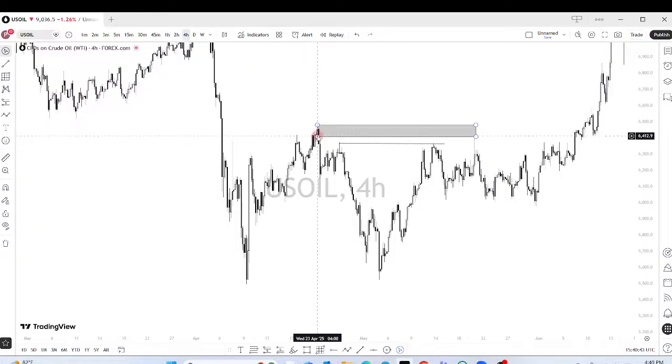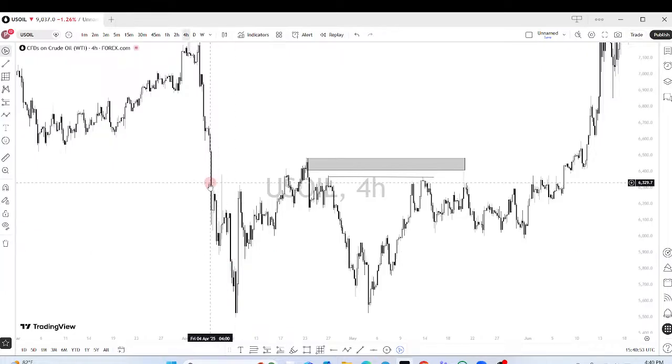This was a supply, right? Price cleared this liquidity to tap into it, but the reason why this market did not sell very well is because price gave us a change of character here. This was the last break of structure here. The last break of structure occurred around here, to the downside, right? And then change of character happened here.